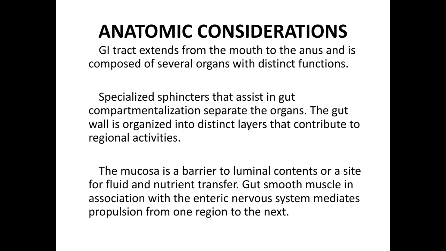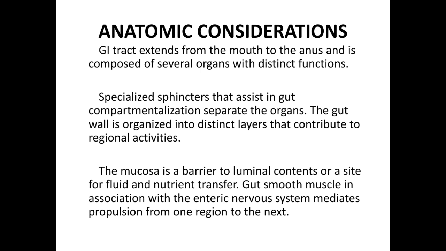We all know it extends from the mouth to the anus, and it's composed of many organs with distinct and different functions. In that path, it carries many sphincters that assist in gut compartmentalization. It separates the organs. The gut wall is organized into distinct layers that contribute to the regional activities.